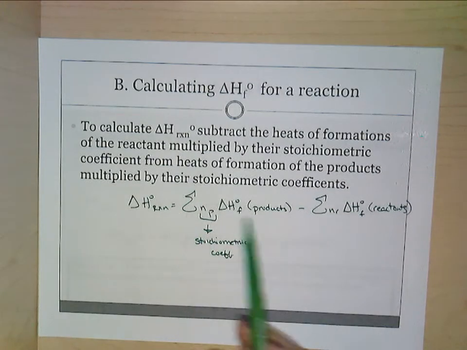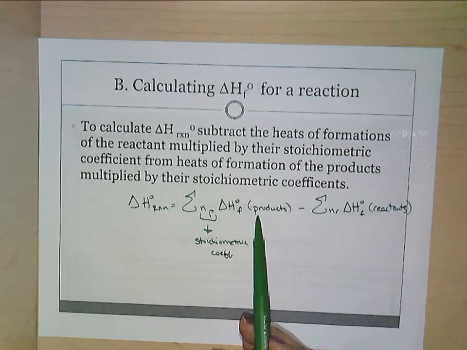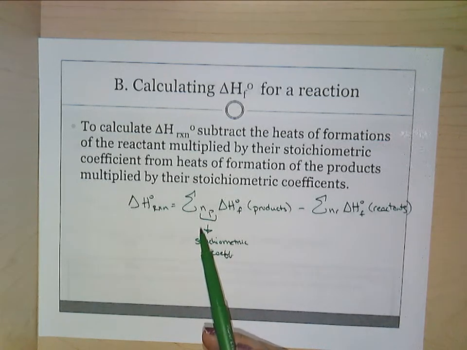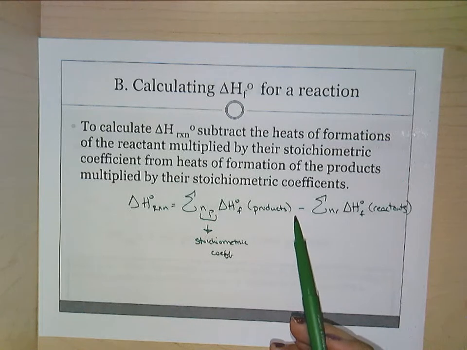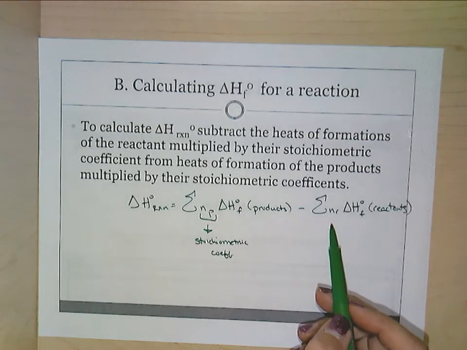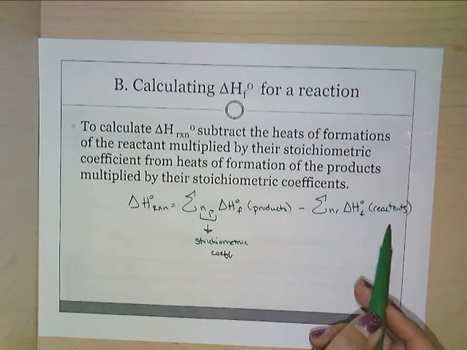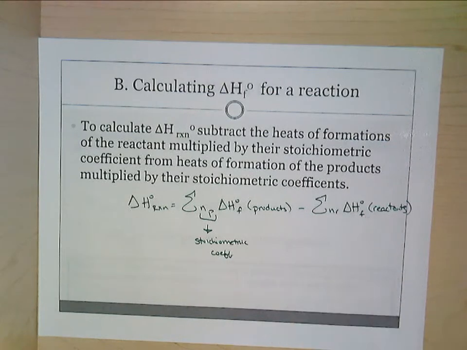Sum up all the heats of formation of the products, each multiplied by their stoichiometric coefficient. Subtract that from the stoichiometric coefficients times the heats of formation of all the reactants. So it's products minus reactants multiplied by their stoichiometric coefficients.